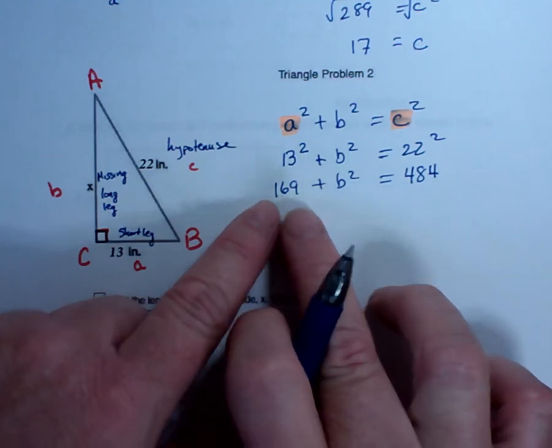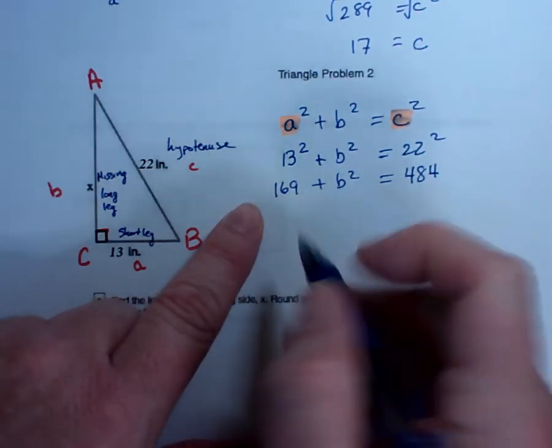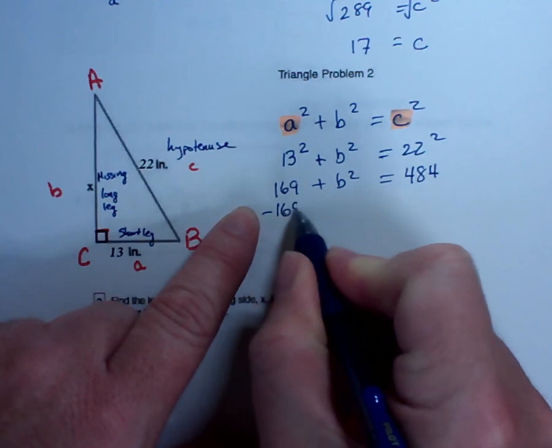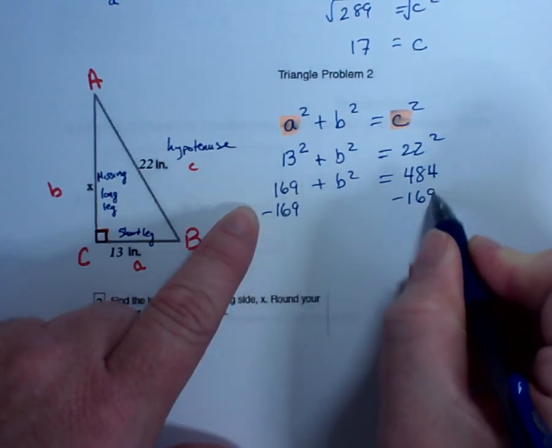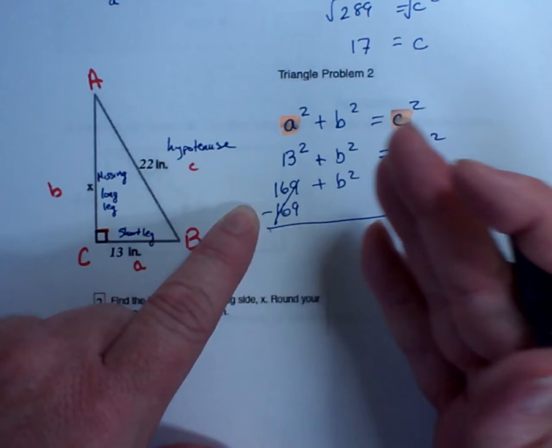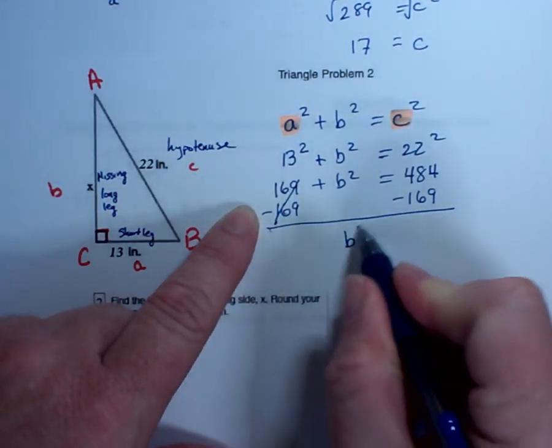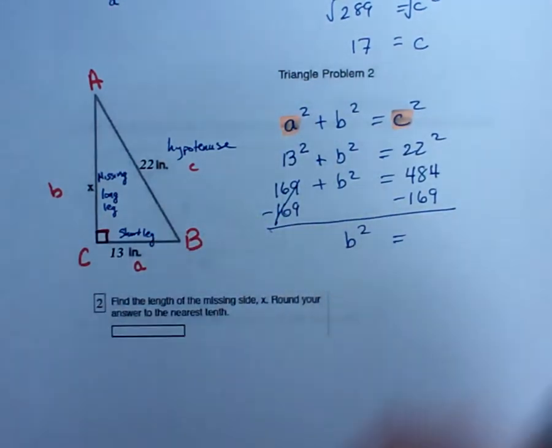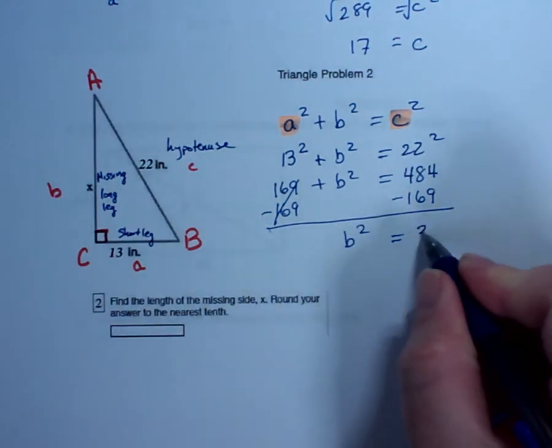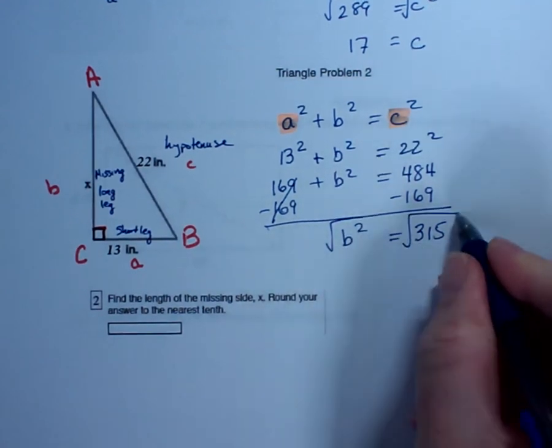The only way you're going to get B squared to be isolated by itself, we're going to subtract 169 from both sides. That eliminates the 169 on the left, and you're just left with a B squared. 484 minus 169 is 315. And then I take the radical of both sides.